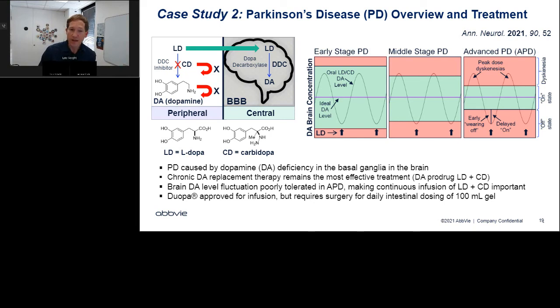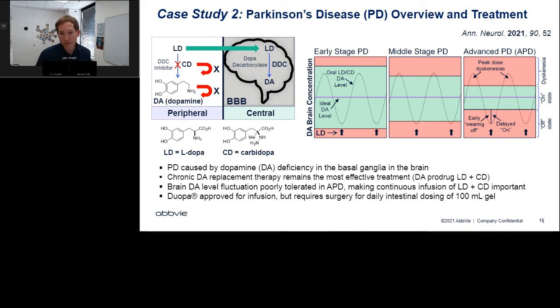So if you're trying to replace deficient dopamine via treatment with levodopa, it's important to dose a dopamine decarboxylase inhibitor, such as carbidopa, to prevent peripheral decarboxylation so that as much as possible, L-dopa can enter the brain where you want it to be decarboxylated to form dopamine.